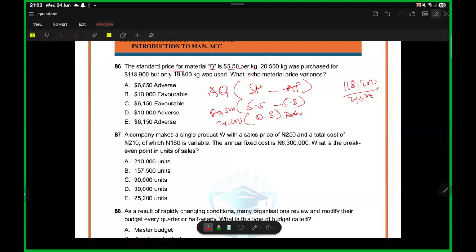Because they didn't ask us questions on inventory, we'll ignore that. We bought 2,500. That's the actual quantity we bought. When you multiply 2,500 by 0.3 adverse, you are going to get 6150 adverse, which is E.